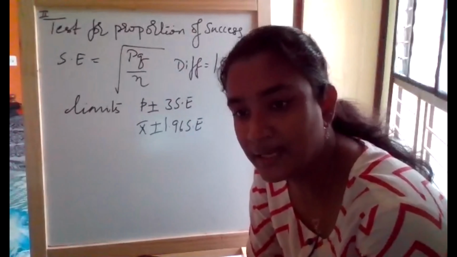Similarly, if they are asking us at 99% level of significance, it will be 2.58 into standard error. Okay, girls, the formula is the same. It depends: this is at 5%, and this is at 1%. Am I clear with the formula part?